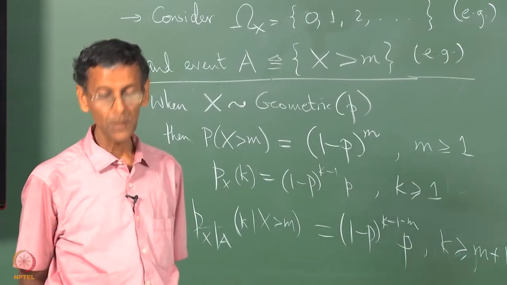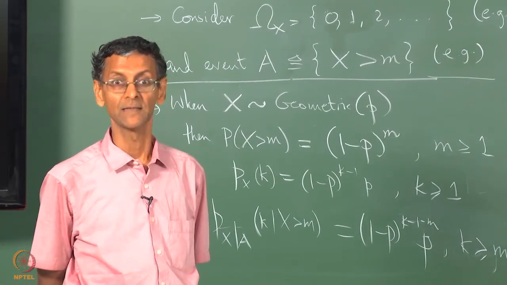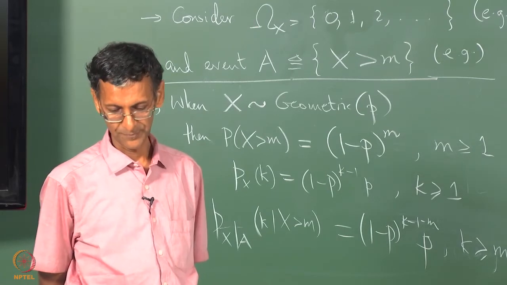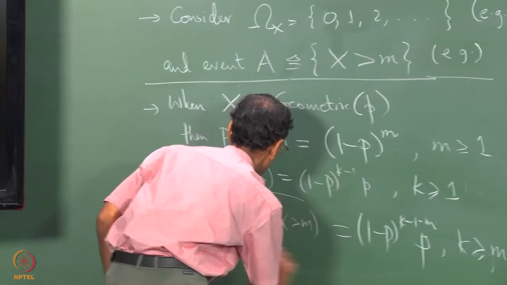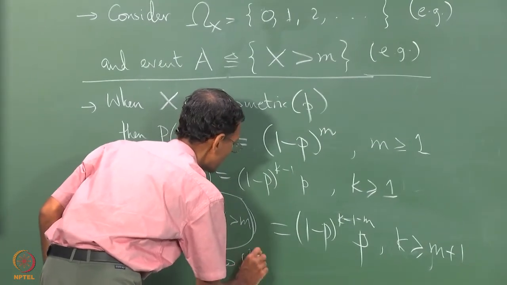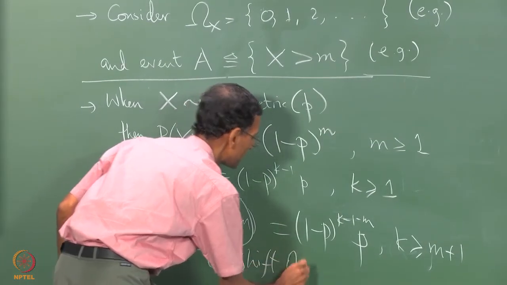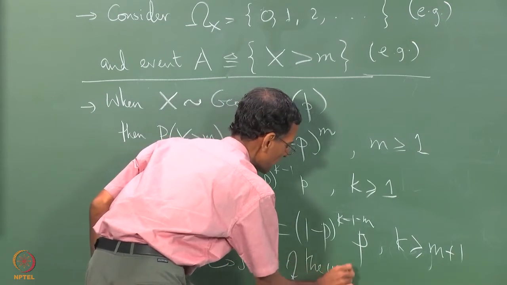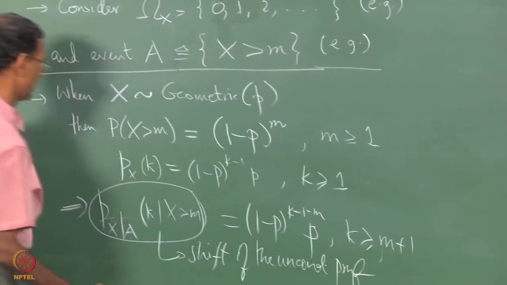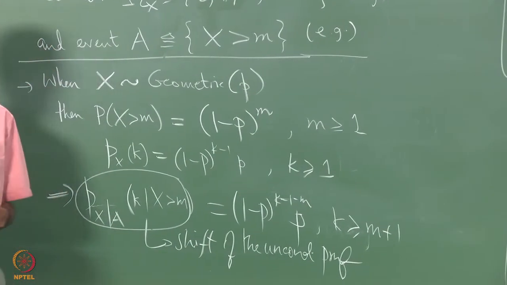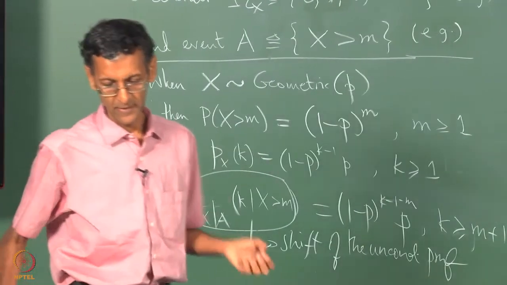In other words, the whole PMF is pretty much preserved intact, except that it is shifted. This whole thing is a shift of the unconditional PMF. This is the so-called memoryless property of the geometric distribution.